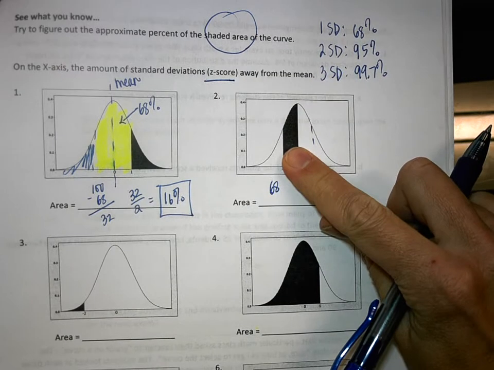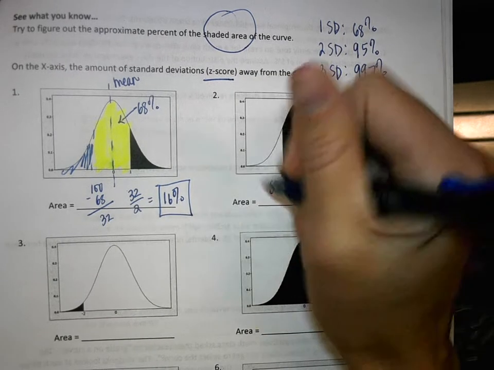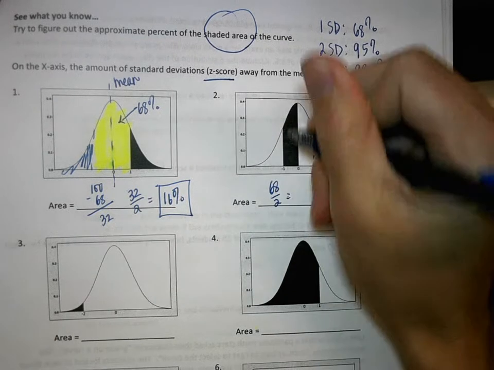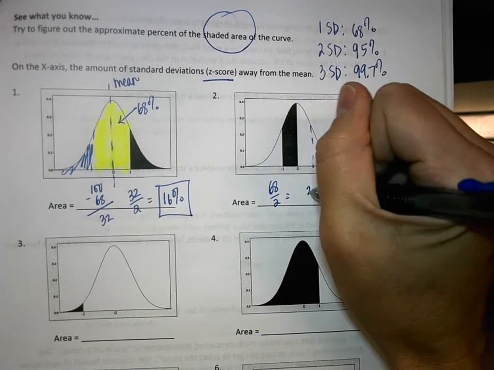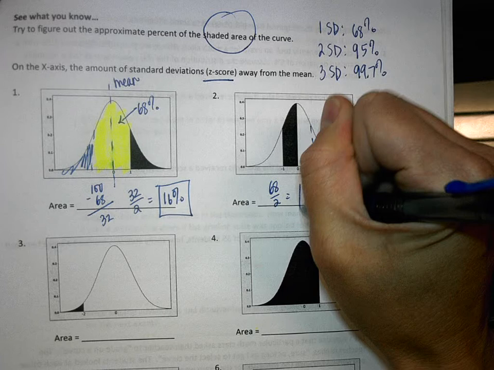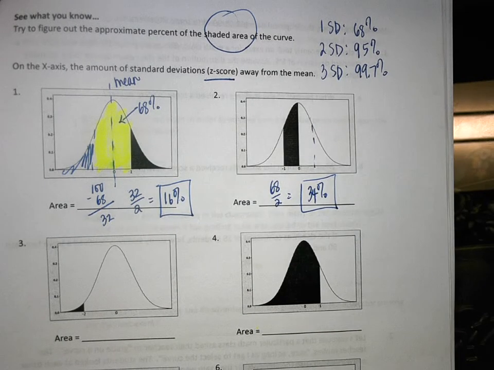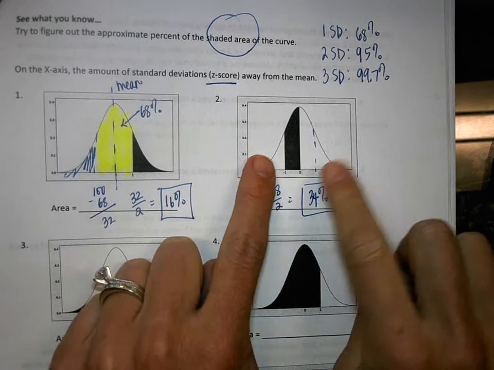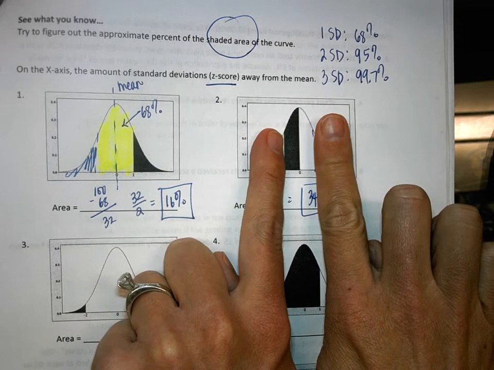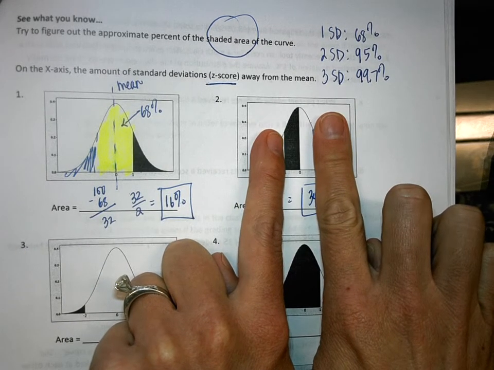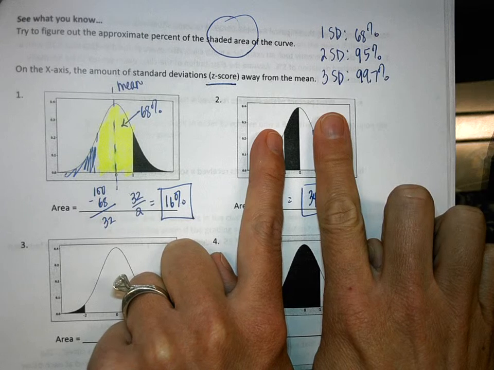What do I do to 68? Divide it by 2. So this shaded portion is 34% of the data. Again, if you see how it goes to 1 and 1, I know that whole thing is 68, and all I'm doing is cutting that in half to find the shaded portion.